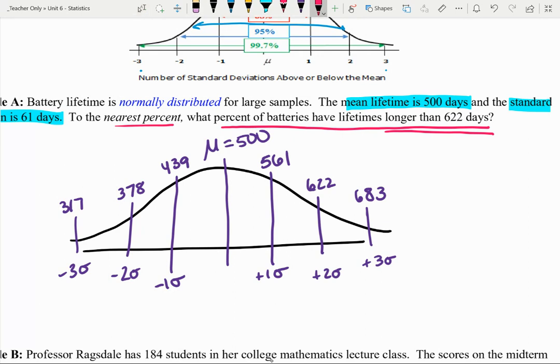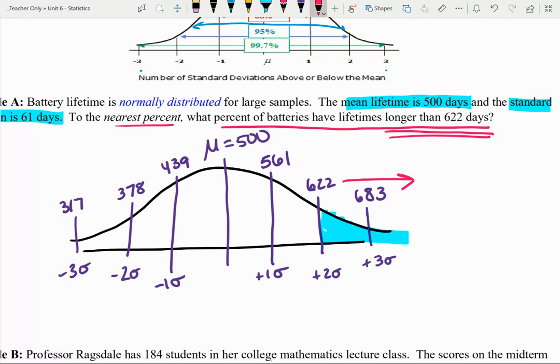Now, when it says lifetimes longer than 622 days, that means we're talking about this section here, going to the right of that 622. So I need to know what that blue highlighted area is.